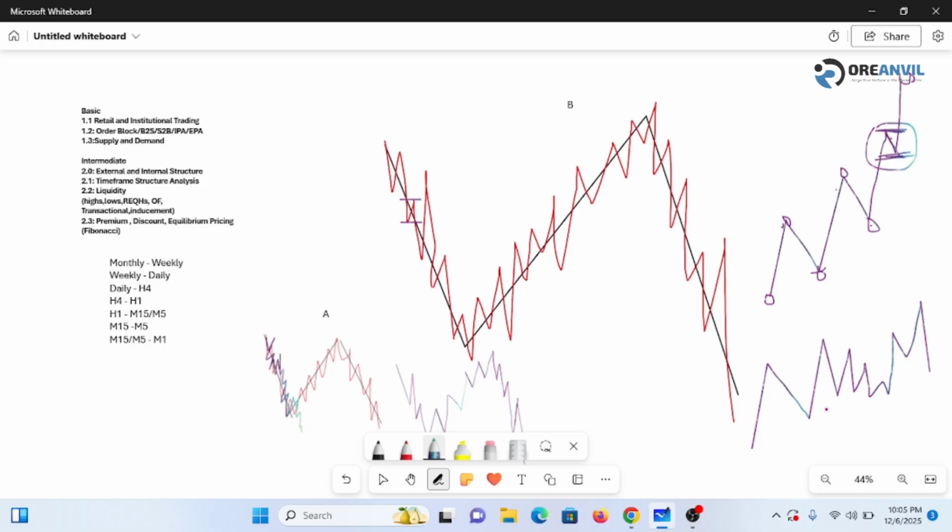Everything here is significant. However, relative to this high and low, this price is internal to this one. This price is internal to this one. But it does not mean I'm going to ignore this.